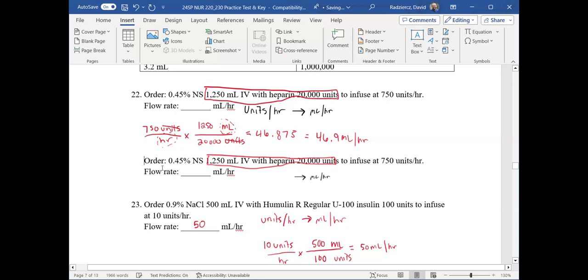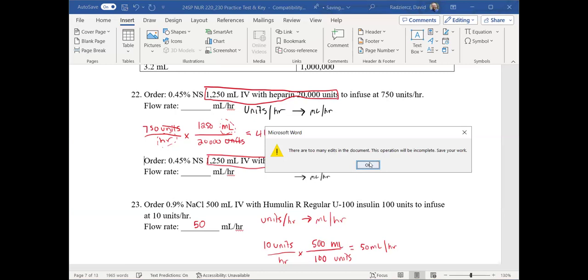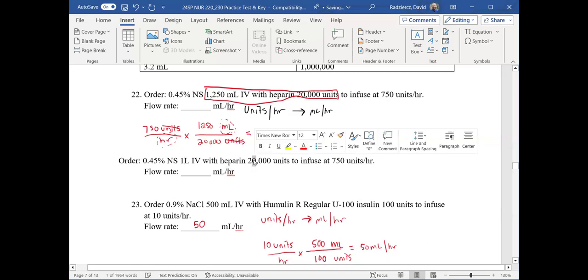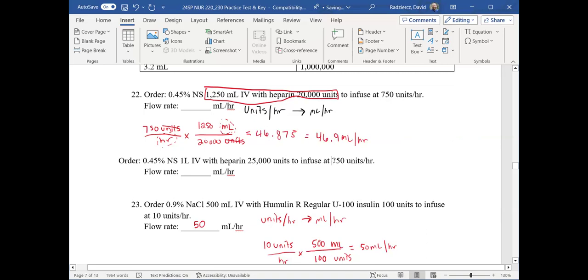I'm going to get rid of the numbering. All right, so for this one, let's say we have a 1 liter solution IV, 25,000 units, and it's infusing at 1,250 units per hour.